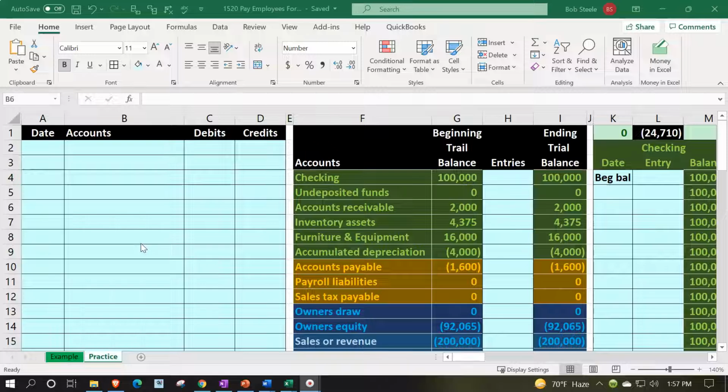Now, we're going to be using this worksheet in order to record the transactions, the journal entries behind the payroll process.